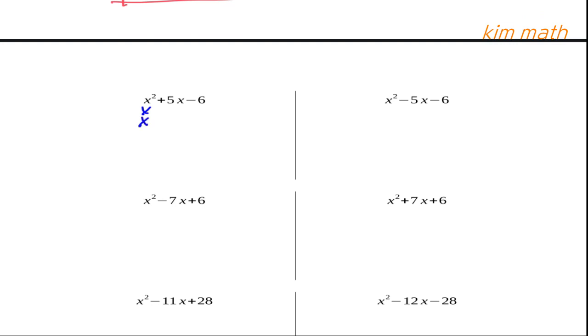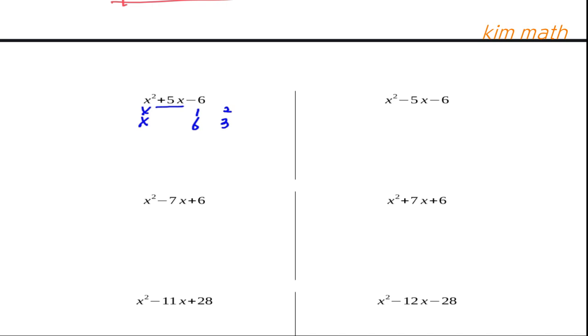Two possibilities, right? 1 and 6 or 2 and 3. Now it's time to think about the sign. You have a negative 6, which means one of the two numbers must be negative. But your sum must be positive 5x.